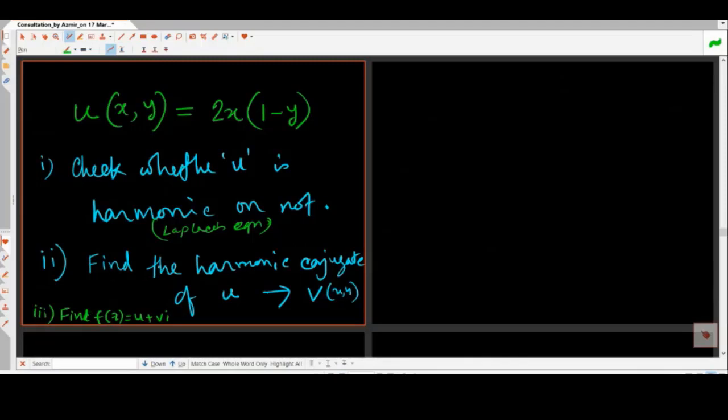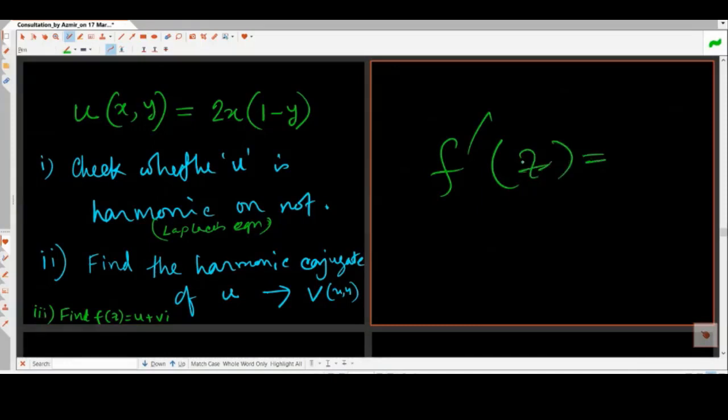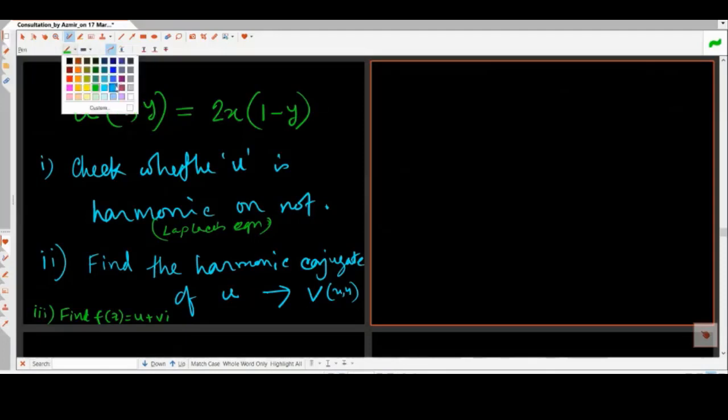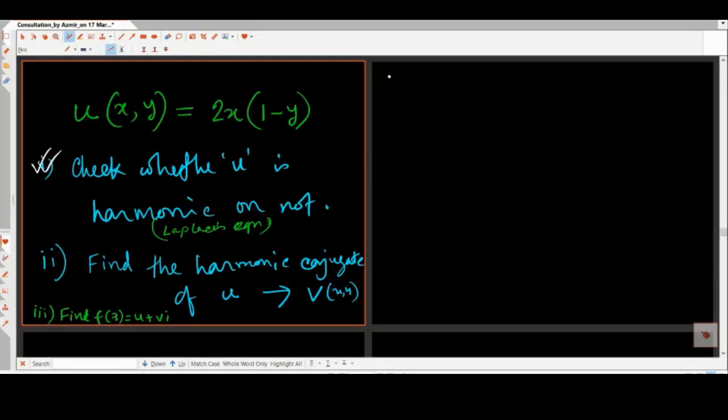So using the concept of harmonic function, we can also find the derivative of the function, but that is not our concern. Our target is to find f of z only for this time. So let's start from the very beginning. We want to check whether u is harmonic or not.